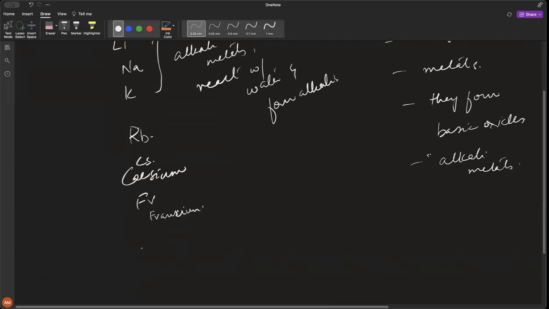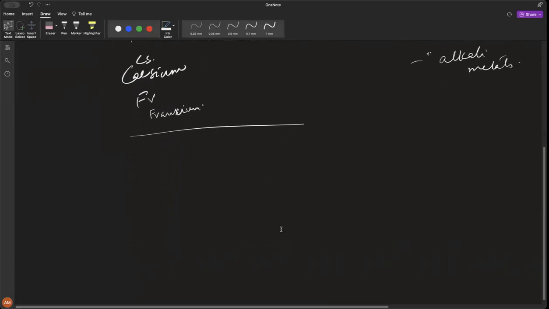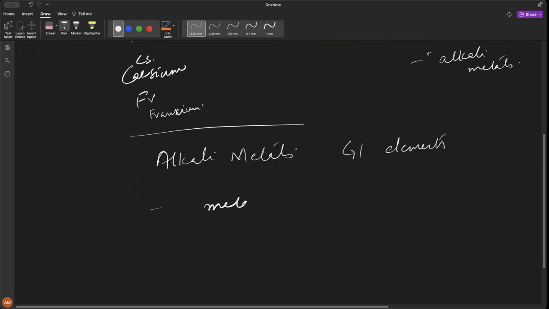Now let's look at the physical properties. Basically, alkali metals, or you can say group 1 elements, are metals. Secondly, they are soft.